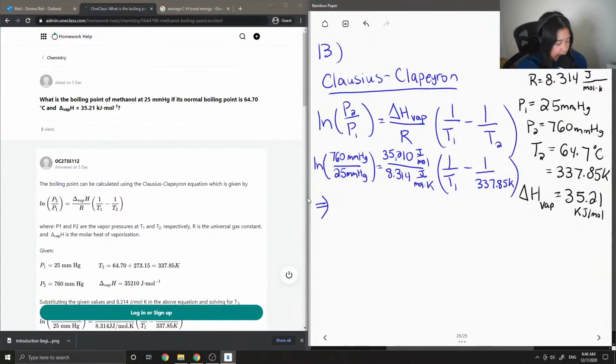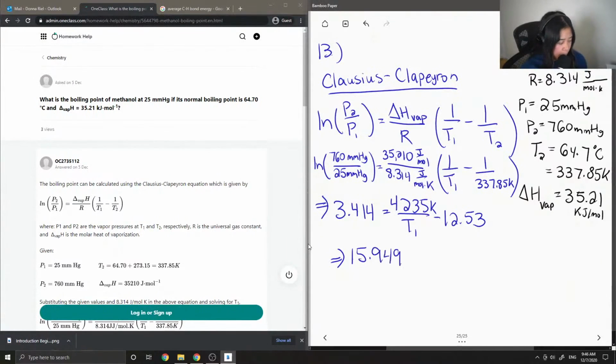Okay, so let's try to simplify this. I did the calculations in advance, and we're pretty much just solving for T1.